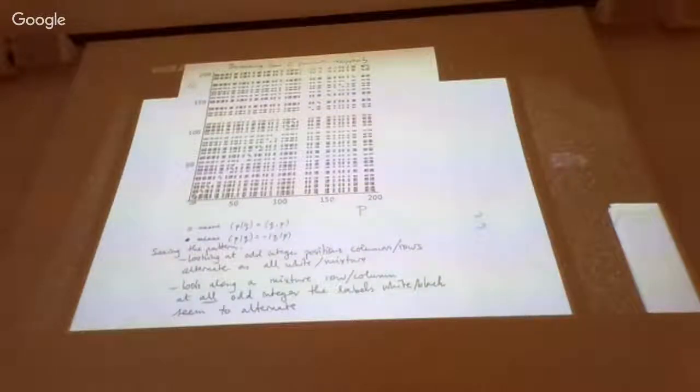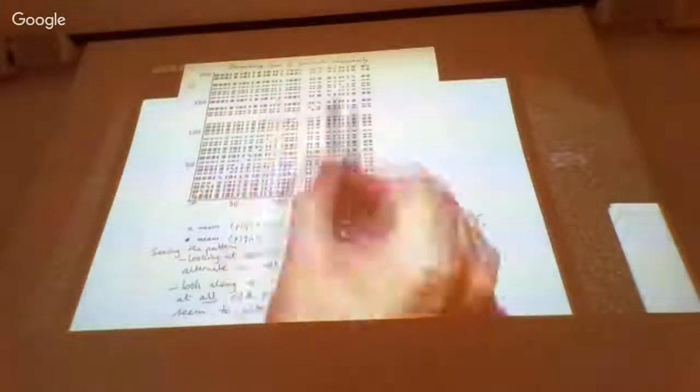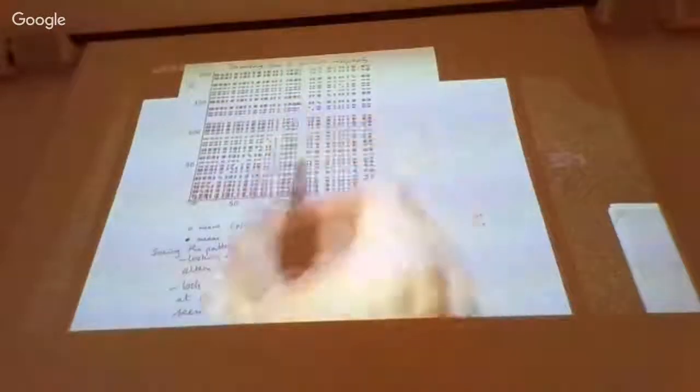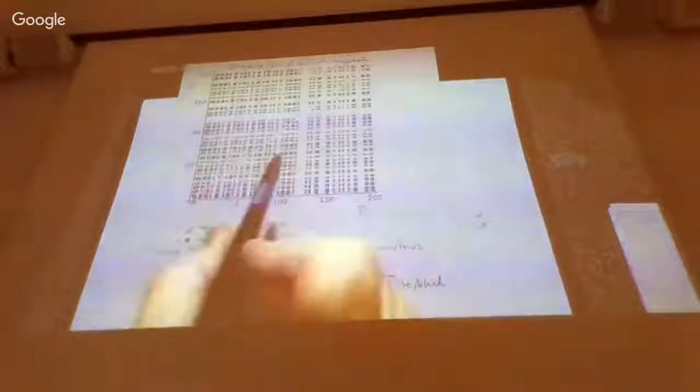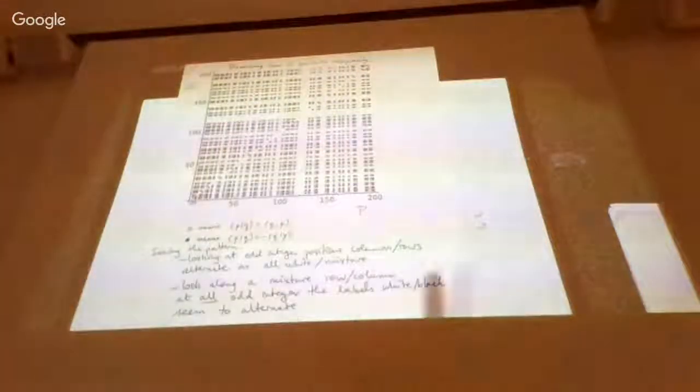So how do we encode it? Well, this alternating stuff suggests modulo 2 behavior, right? Alternate 0, 1, 0, 1, 0, 1. However, remember, we've cut out completely from this picture all the even integers. The circles are only at odd prime positions, so the circles are only at odd lattice points, odd coordinates.